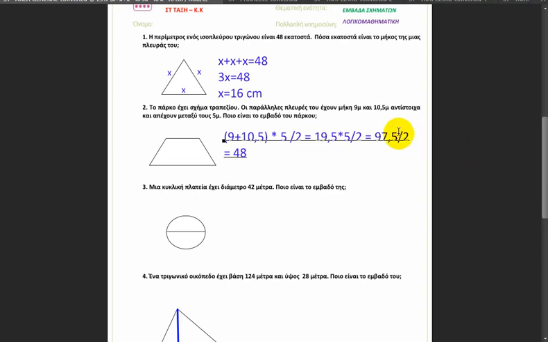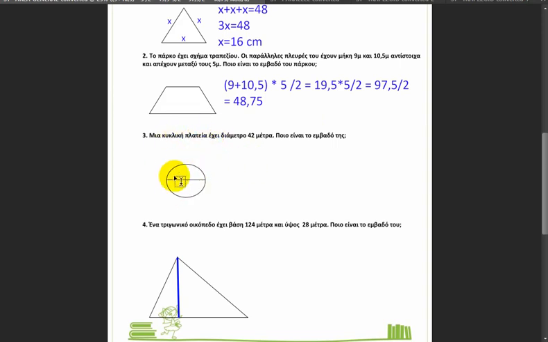Then we also have half of 0.5, which is 0.25. So this is going to be 48.75. We could have done this division vertically if we wanted to, and that might actually have been a bit easier. If you do this division vertically, what you will find is 48.75.